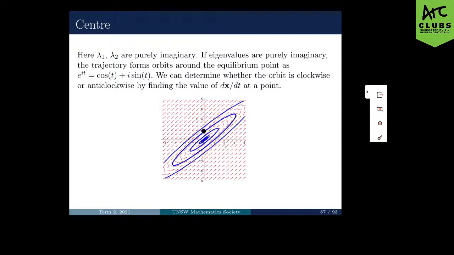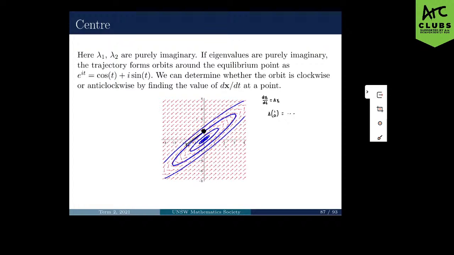We want to find dx/dt, and that's Ax. So at this specific point, dx/dt is equal to A times (1, 0). That's going to be equal to some vector. And according to this diagram, you'll probably find that the vector points in this direction.